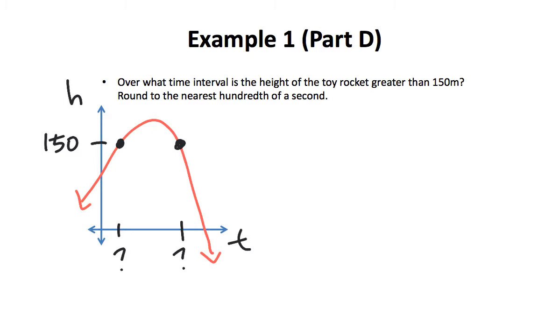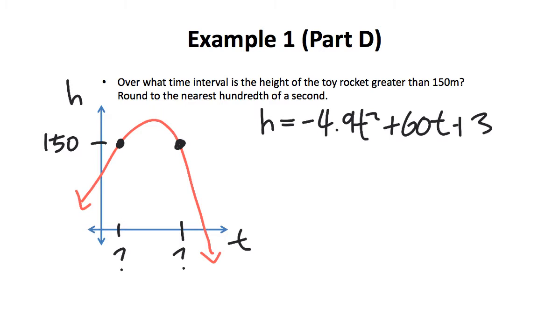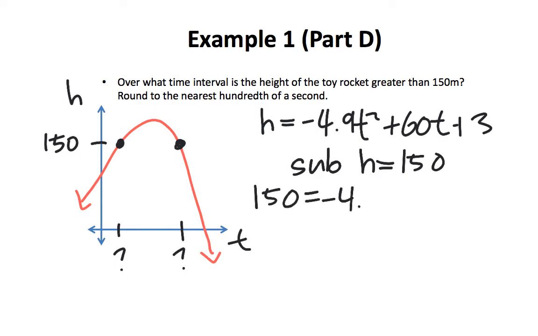We're going to begin by rewriting our equation. Since we want to figure out the times at which the rocket is at 150 meters, we're going to sub the height as 150 meters. So instead of writing h, we're going to put 150, and everything else stays the same.